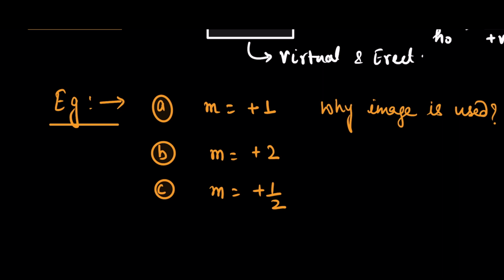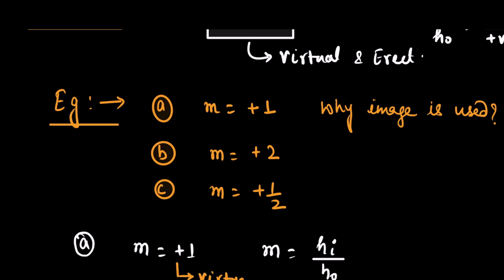So in the first example, when M is equal to plus 1, we know that M is equal to Hi by Ho. And this plus represents a virtual image. So virtual image is confirmed because it is plus.